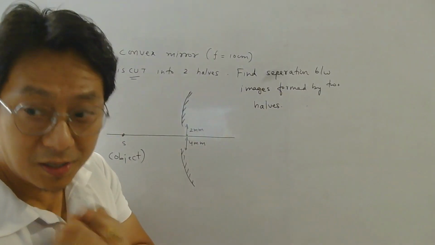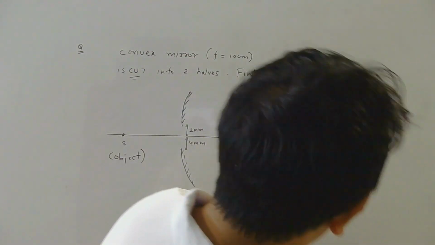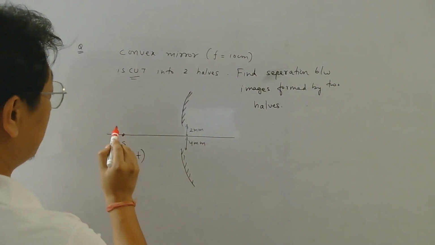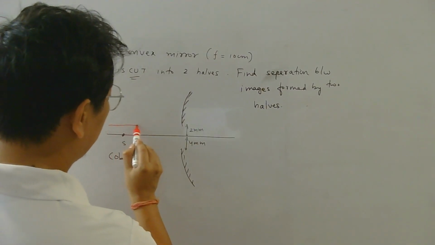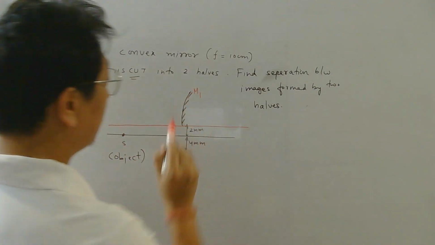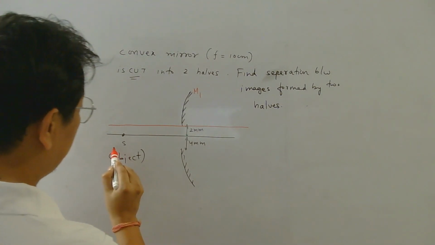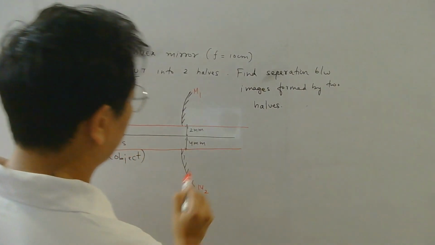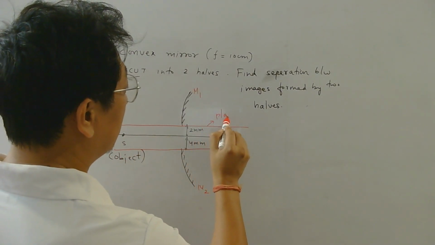So please understand that this line is no longer the principal axis. This will be the principal axis for the first half. Let me call this first half M1. And this will be the principal axis for the second half, M2. That is very, very important to realize.